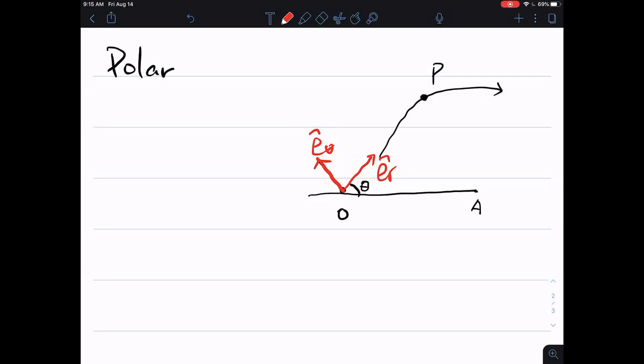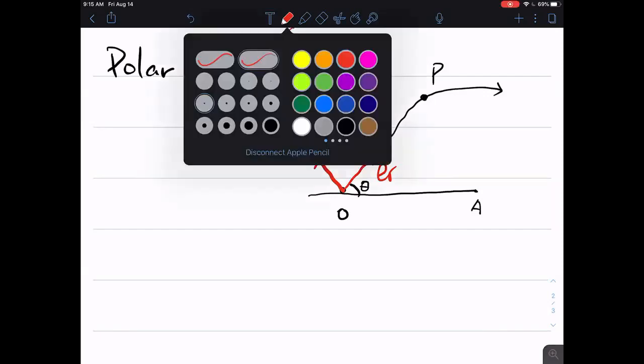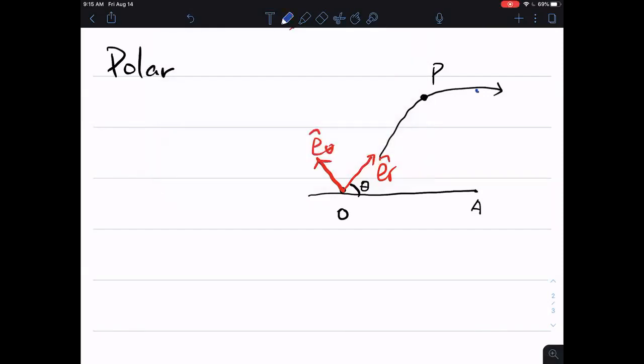Okay. This is the direction of e_r and e_theta. Keep that in mind. Just want to show you an example. If your particle P is at another moment, right there, and like I mentioned, the polar coordinate system has a fixed origin, so the origin will always be here.